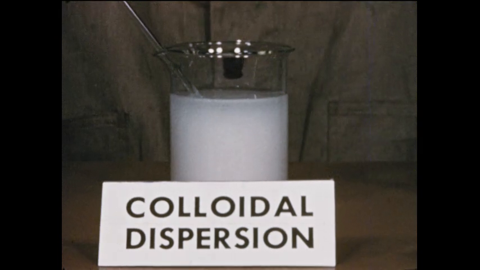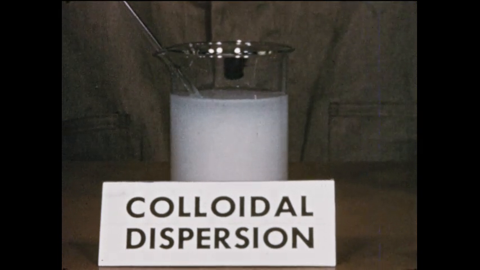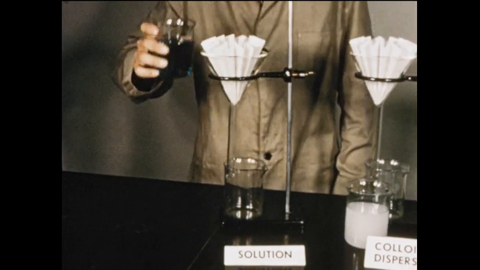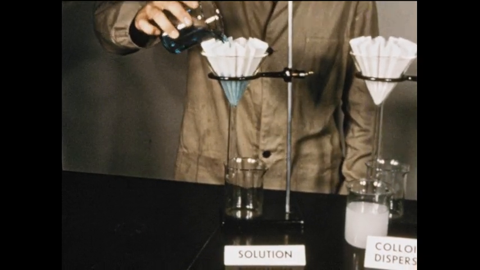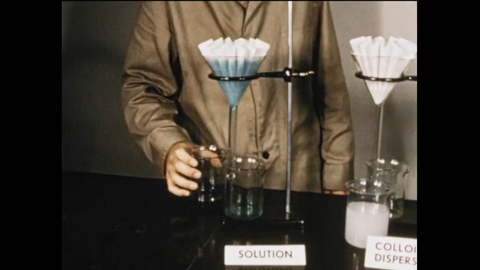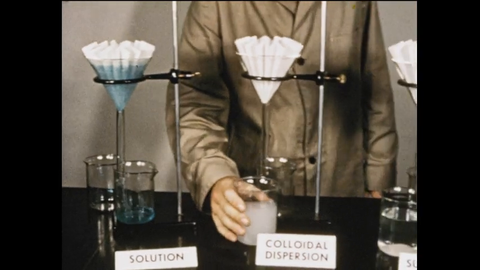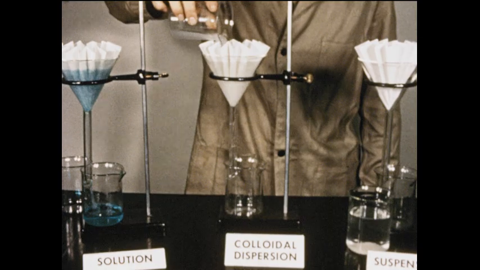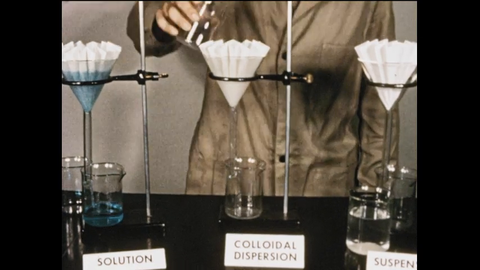To learn more about the relative sizes of particles that form a colloidal dispersion, let's see what we can learn by filtering the solution, the colloid, and the suspension. We find that the solution comes through the filter paper. The colloidal dispersion, too, comes through the filter.